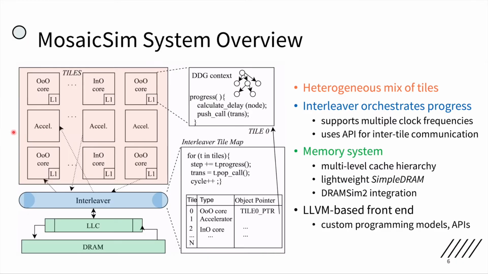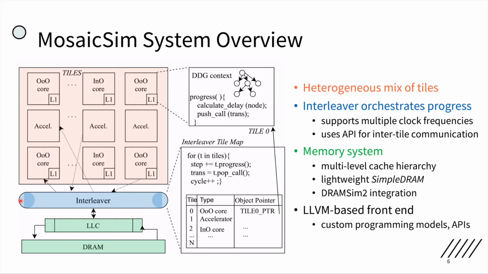At a high level, MosaicSim simulates the interactions of multiple heterogeneous tiles that could be out-of-order cores, in-order cores, or accelerators. These tiles are coordinated by a special module called the interleaver, which is responsible for supporting multiple clock frequencies and forcing each of the tiles to take whatever units of work correspond to their respective clock frequencies.